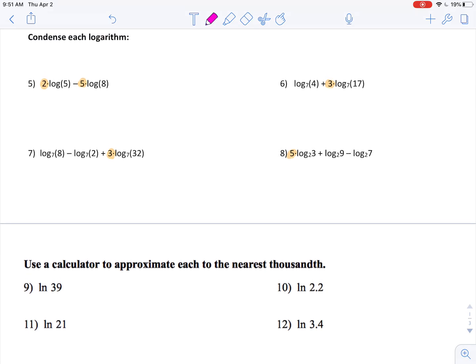So in number 3, we could bring this exponent out front if we were expanding. But now we're going to do the opposite. Instead of bringing that exponent out front, we're going to take that number out front and put it back in as an exponent.